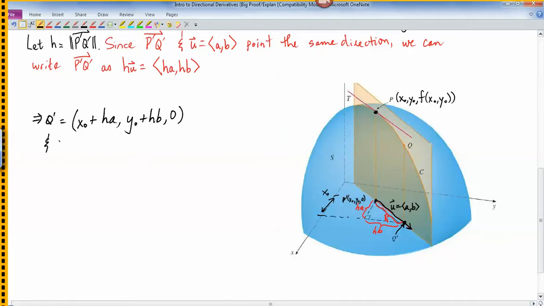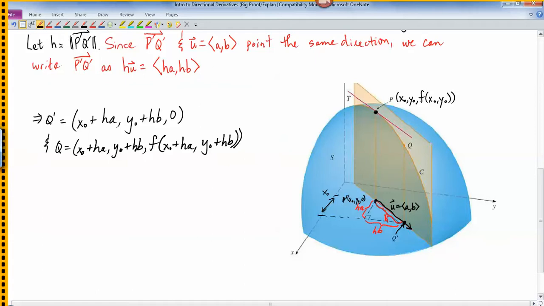And then we can figure out what Q has to be. The x and the y values are the same, so it's x naught plus HA, y naught plus HB, and then whatever you get when you plug that into f. So x naught plus HA, y naught plus HB. Okay, so I'm going to label that in the picture.